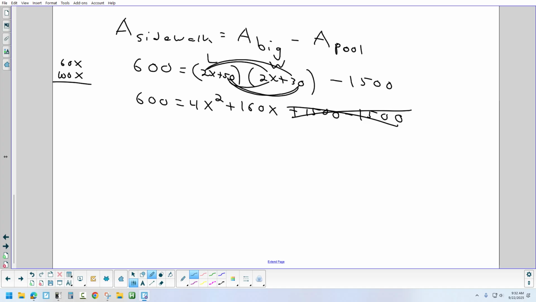It's a quadratic. Yep, that is a quadratic equation. So reminder from Algebra 1 and 2, if you want to solve a quadratic, you've got to get it equal to 0. So how would you put that 600 on the other side? Subtract it. Yep, subtract it.